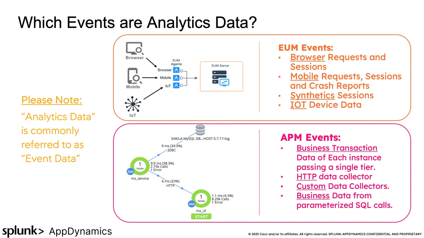And then you also have events associated with business transactions that you select and enable per BT. Every instance of them passing a single tier is going to be an additional event used in analytics. Associated with them would be data collectors for HTTP, custom data collectors, as well as some SQL calls that are associated with business data.